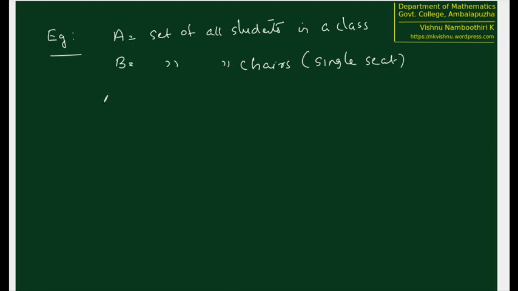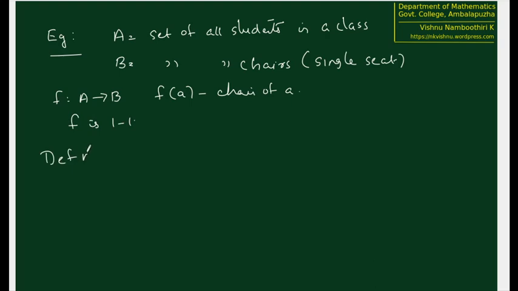So in this case, corresponding to every student, we can find one chair. Therefore, we have this function f from A to B, where f of a is the chair of a. This function is one-one. f is therefore one-one.